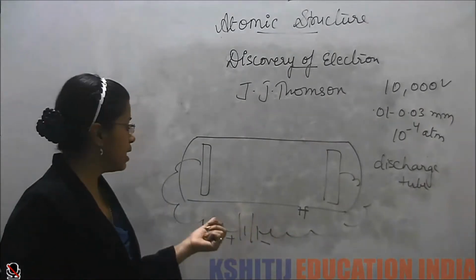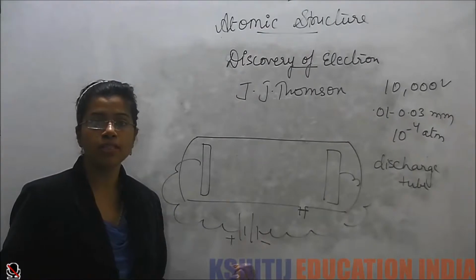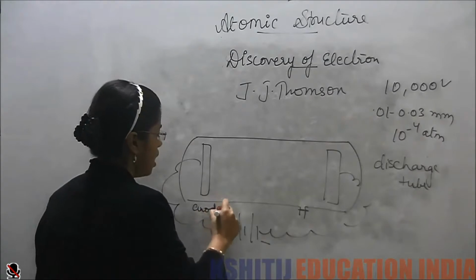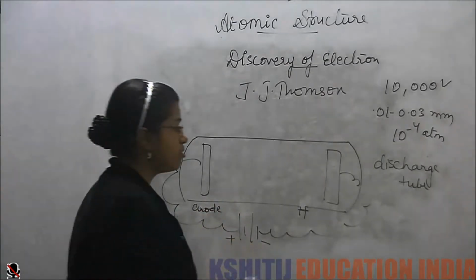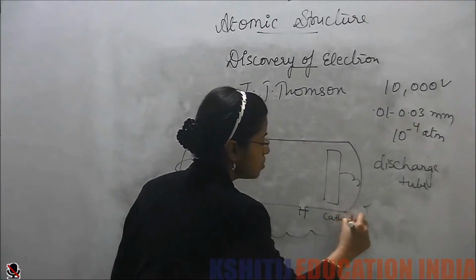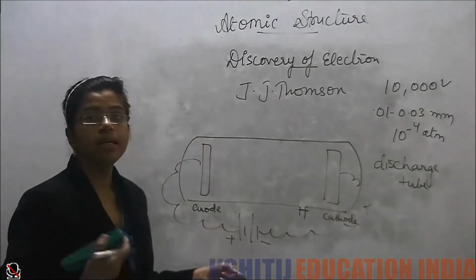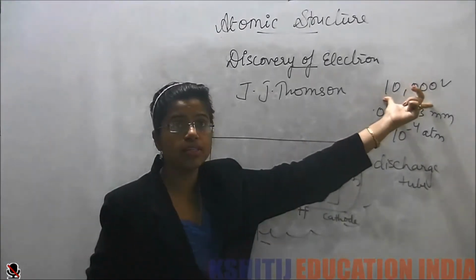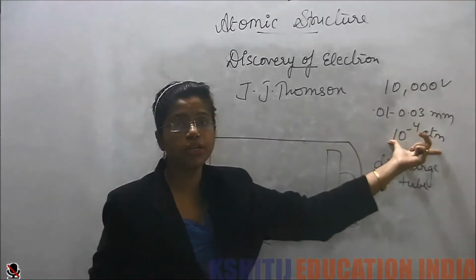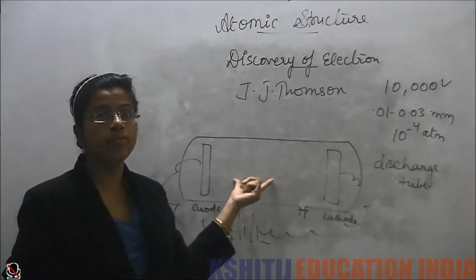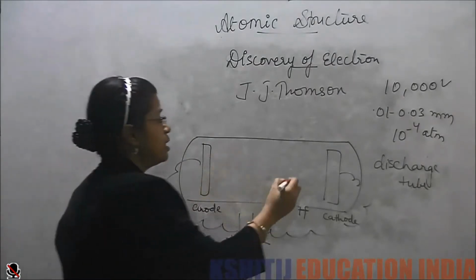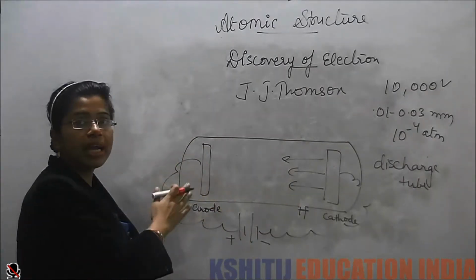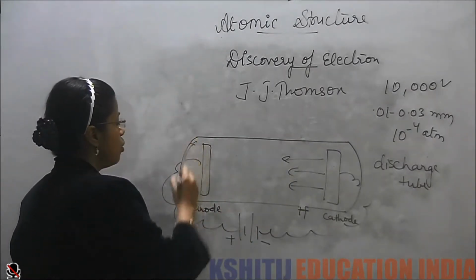The end connected to the positive terminal was called the anode, and the one connected to the negative terminal was called the cathode. When electricity at this high voltage was passed through the low pressure gas inside the tube, some rays were emitted from the cathode to the anode, because of which a green glow was observed at the back end of the anode.